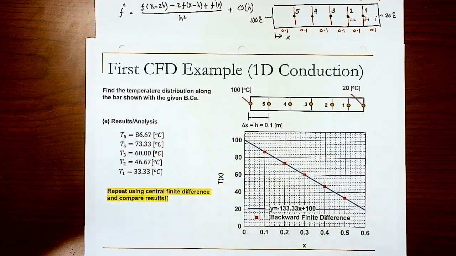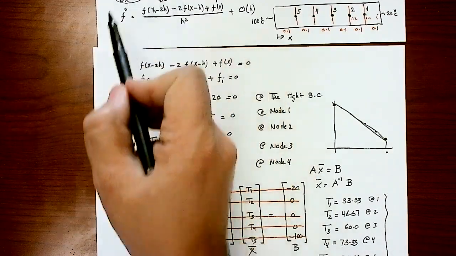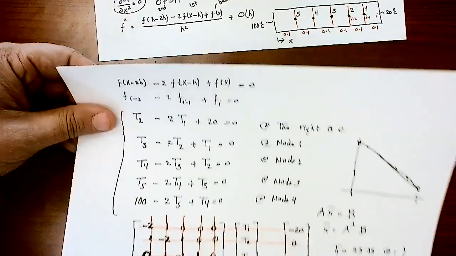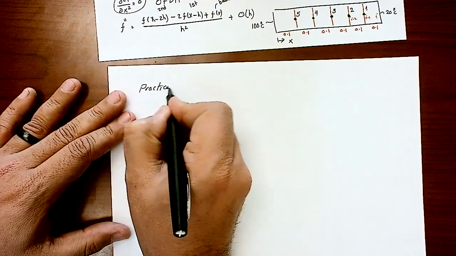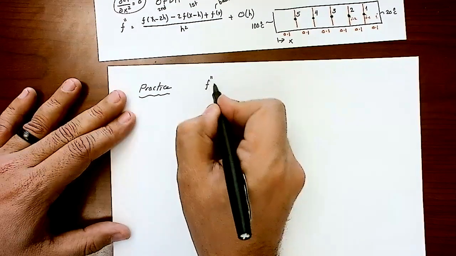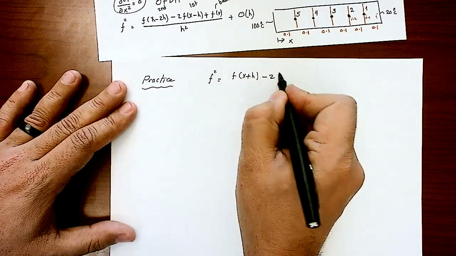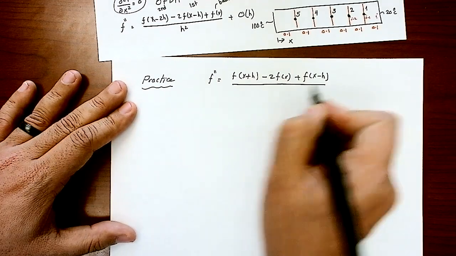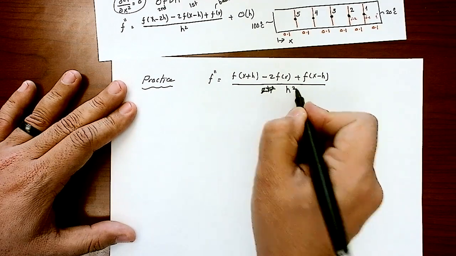Now, I would like you to use the central finite difference method instead of the backward, right? So this approximation has to change. Let me write down the equation for you before you go and practice that. So that's a practice exercise. f double prime is equal to f of x plus h minus 2 f of x plus f of x minus h, divided by h square. Let's keep it h square, or delta x square.